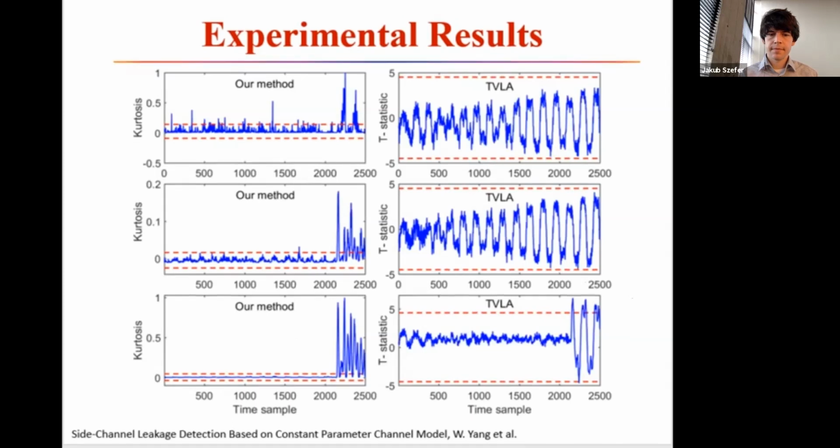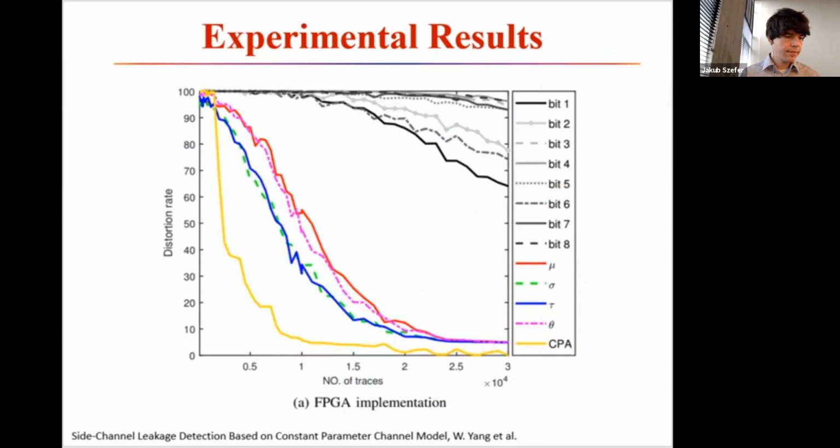To analyze the efficiency of the detection method, we compute the relative distortion and redundancy rates. The distortion rate refers to the percentage of the detected points that cannot be utilized for SCA, and the redundancy rate refers to the percentage of the undetected leakages that are available to SCA.